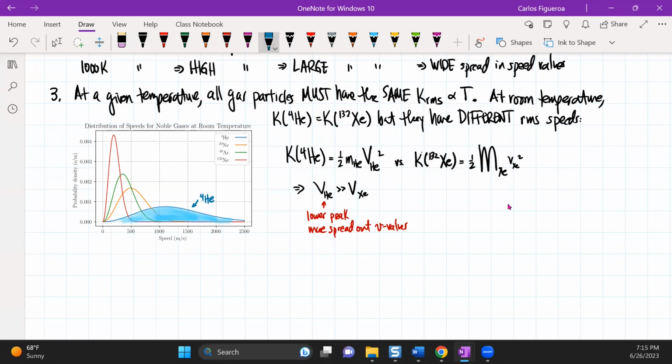This guy, because it has a higher peak, has less spread out V values. This is xenon right here.